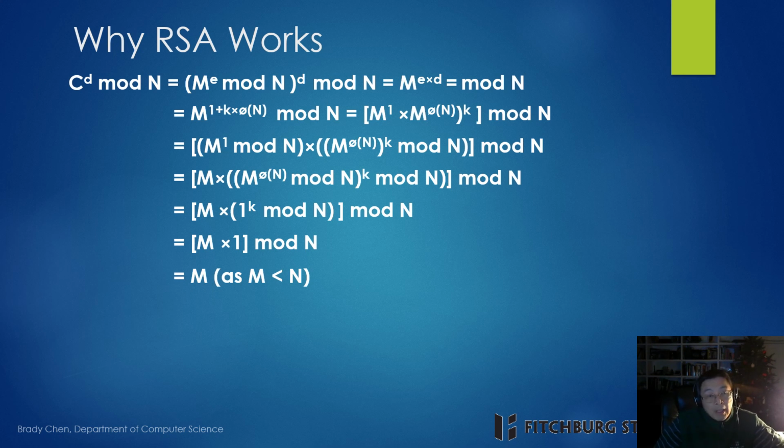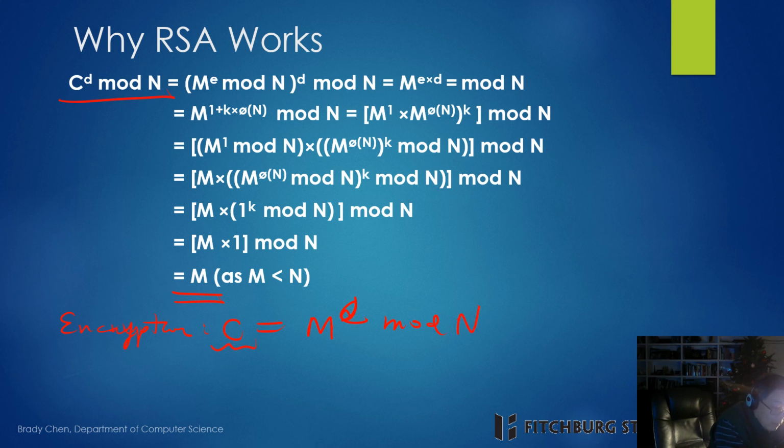So okay, we now summarize these discussions in the previous slide as this. So we proved that c to the d mod n is finally equal to m. So that means on the encryption side, we just calculate m to the e mod n, we get the c.